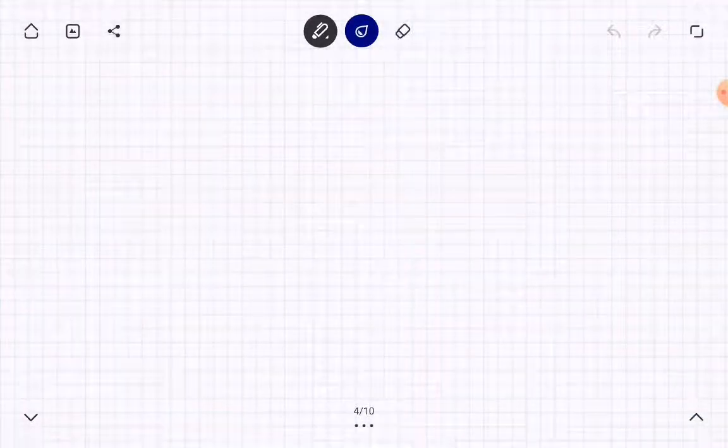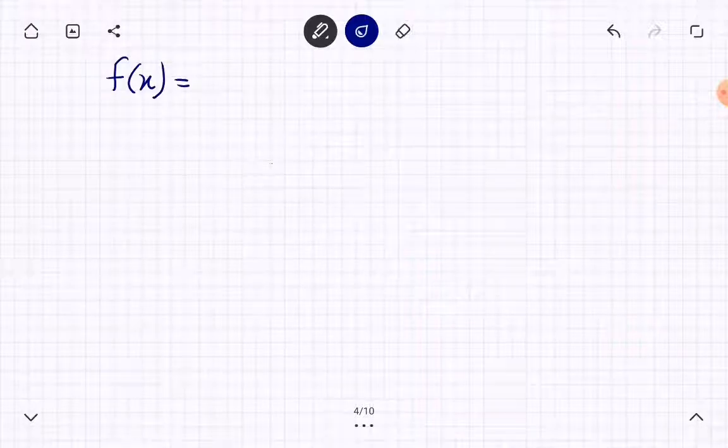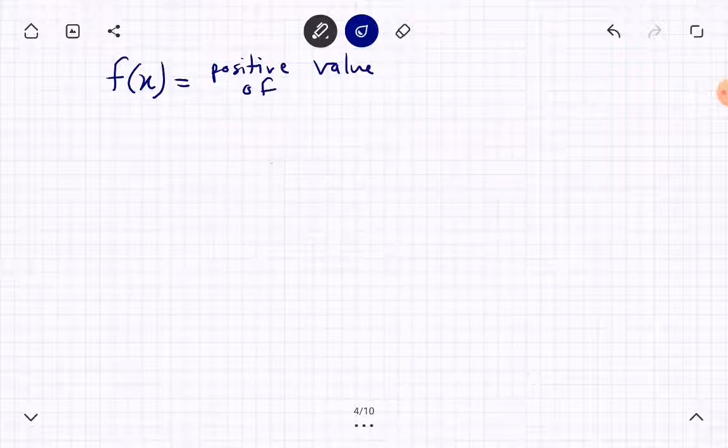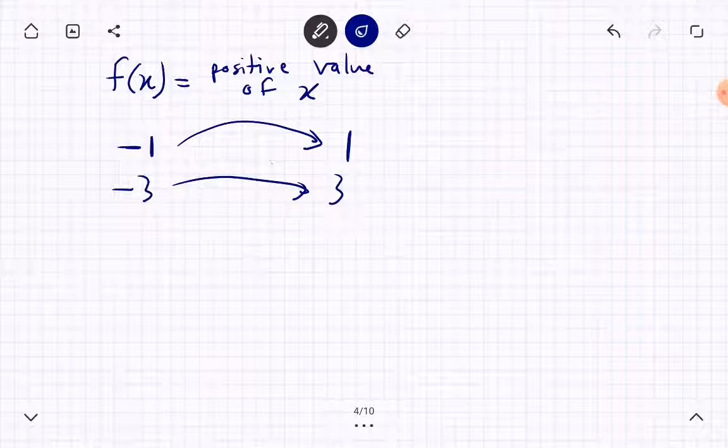Now let's take a different function. This function does something special: the output is the positive value of the number x. If I put negative 1 as the input, I'll get 1. If I put negative 3, I'll get 3.